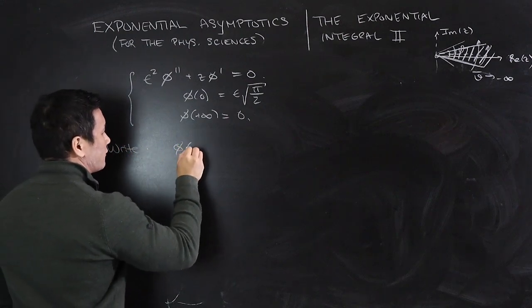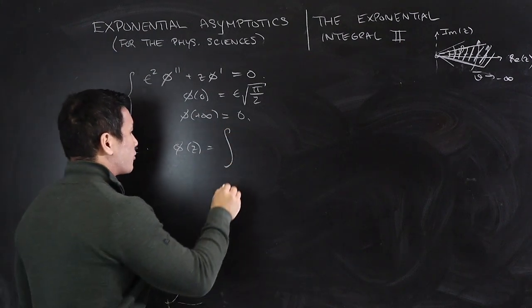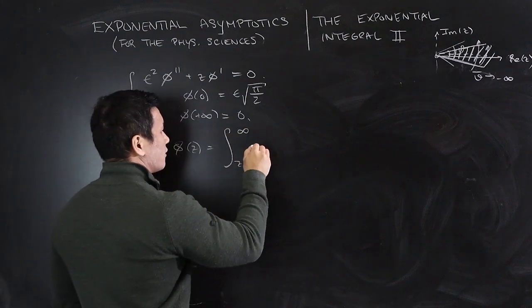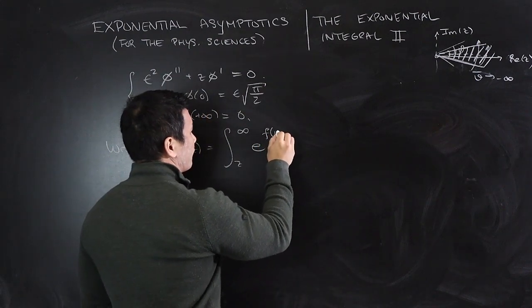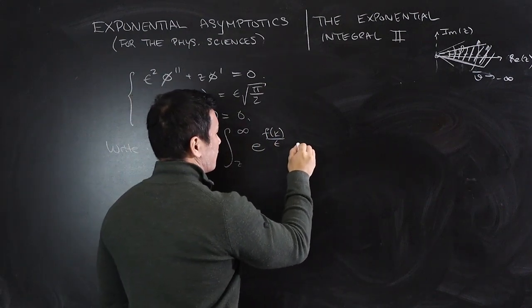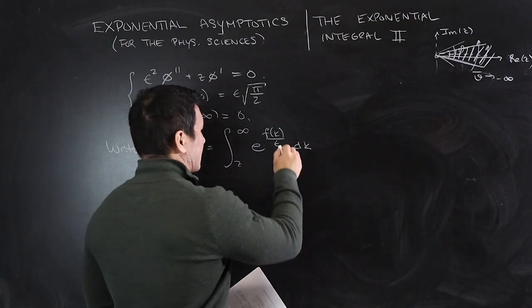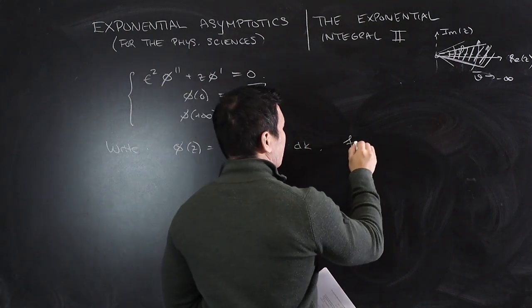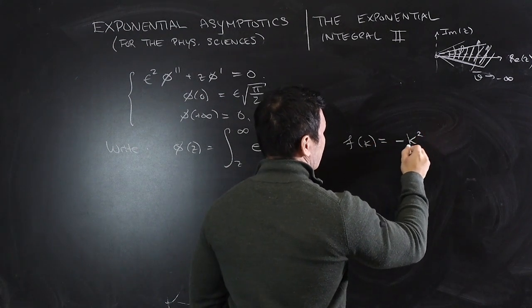So I can write phi of z as the integral from a point z to infinity of e to the f of k over epsilon squared dk, where f of k here is just minus k squared over 2.